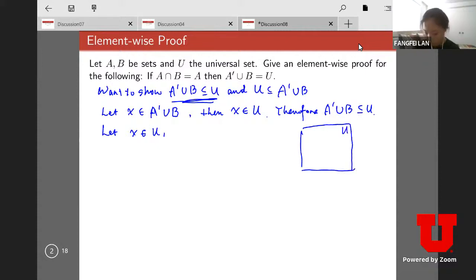So we have the universal set right here, and then we have the condition that A intersect B is A, right? So that means A is a subset of B. So A is in here, and we have B here. That's how A intersect B is A means that A is a subset of B. So what do we do now? We know that X is in U. We want X to be in A complement union B.